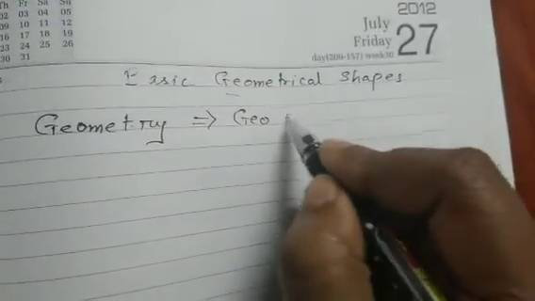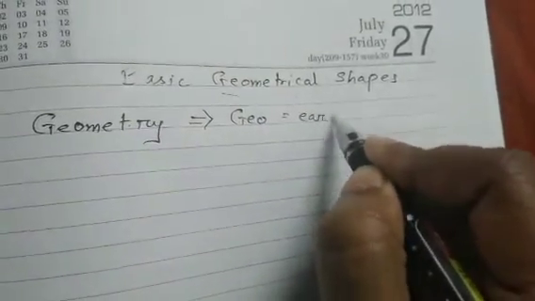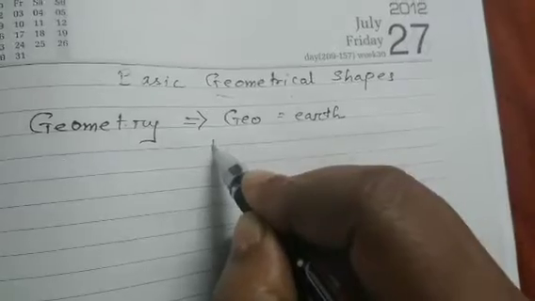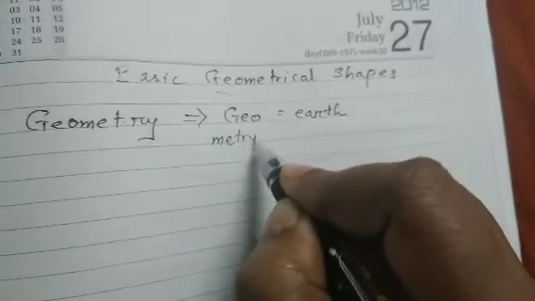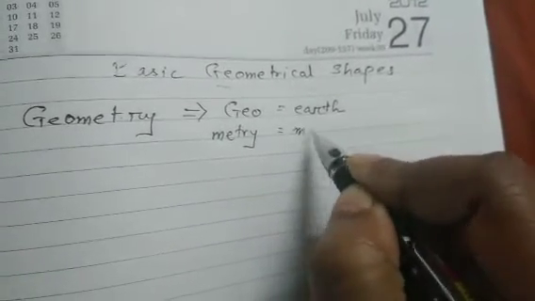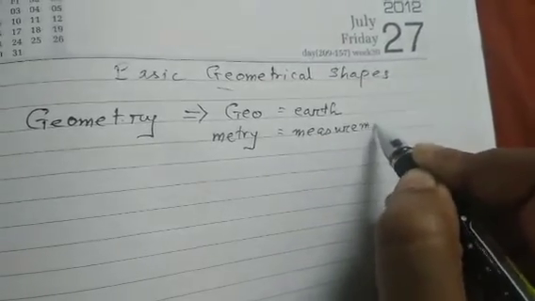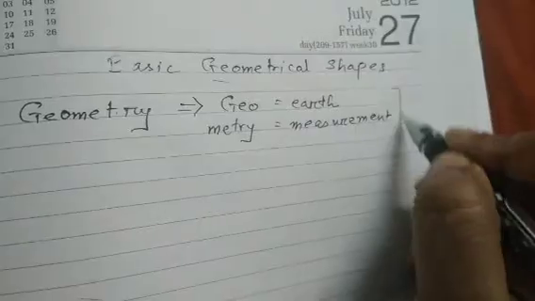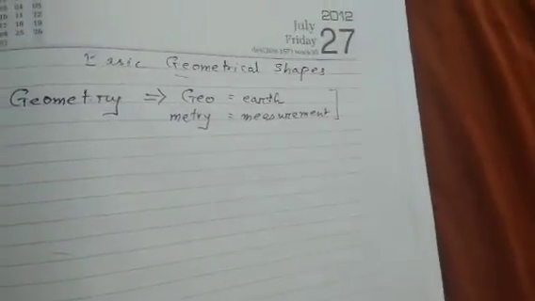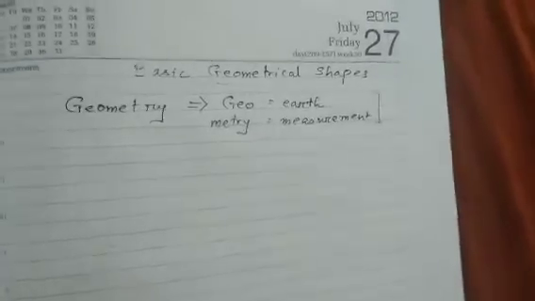Geo means earth, and metry means measurement. So all the shapes that are present on the earth that you can measure come under geometry.